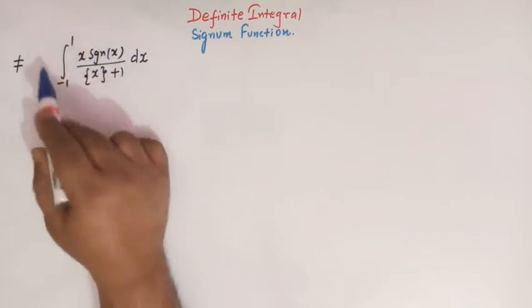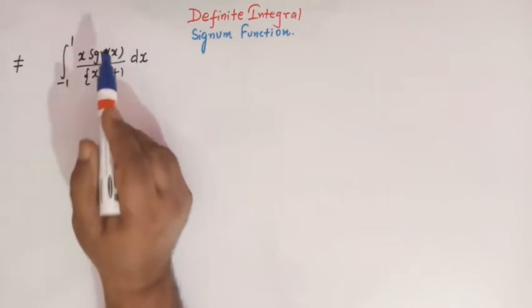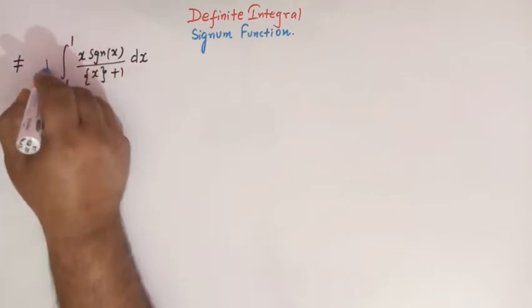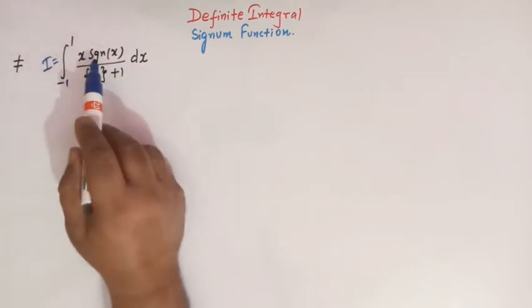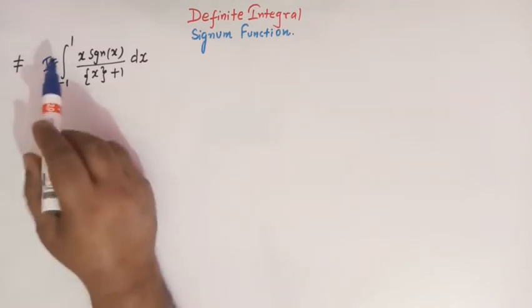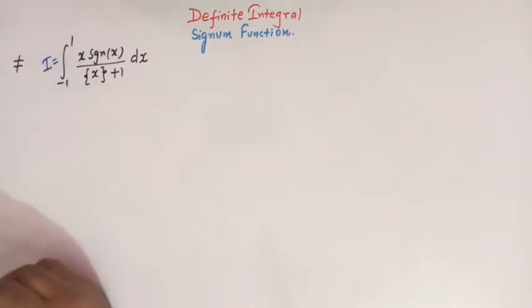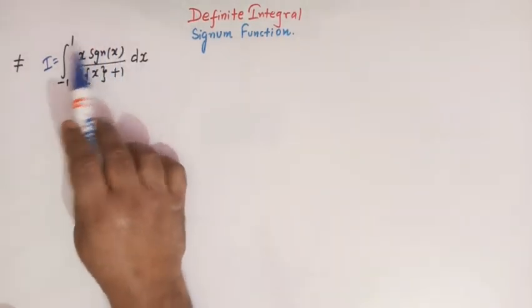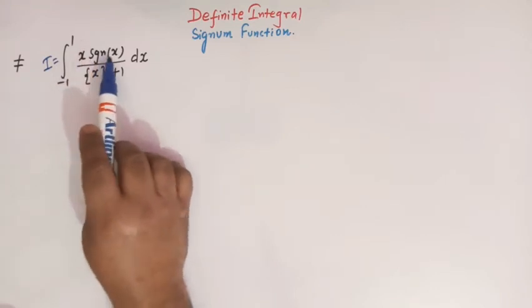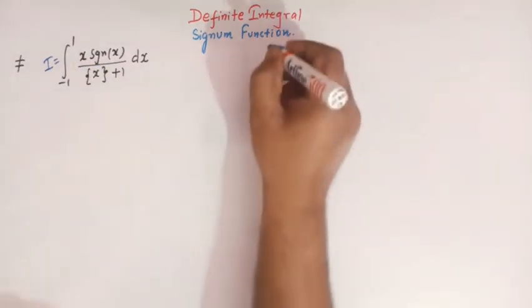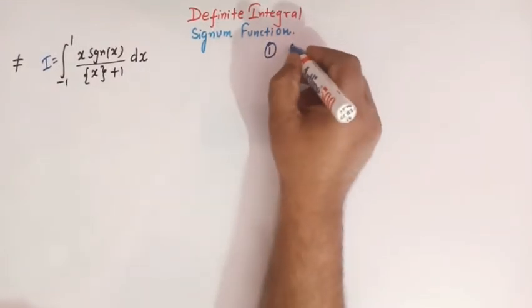So let us find the value of this integral using the definitions of the signum function and the fractional part function, right? Let us first call this integral I. Before proceeding further, let us take the definition of the signum function.